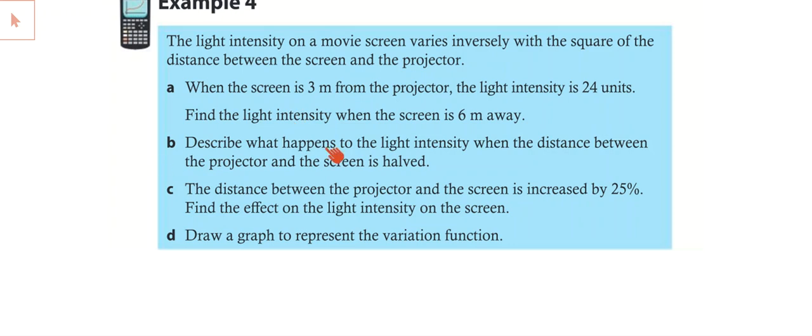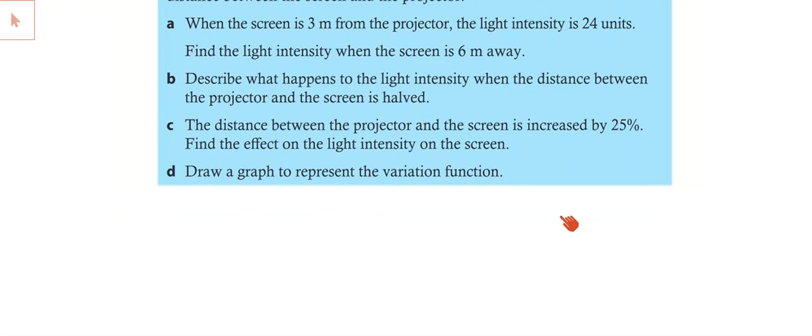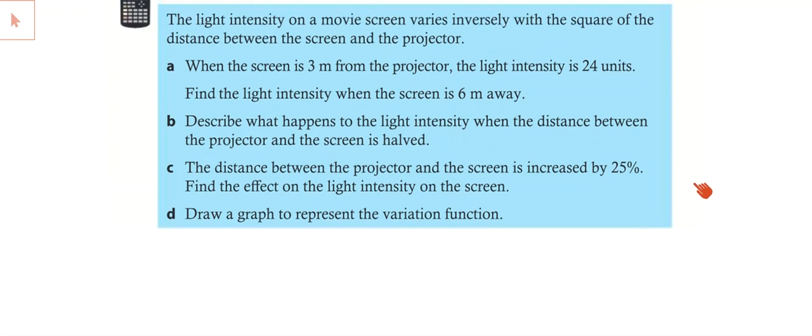You'll need to be writing this down. I've not left much space underneath, but maybe you can do this in your book and then reference the sheet. When the screen is 3 meters from the projector, the light intensity is 24 units. Find the light intensity when the screen is 6 meters away.